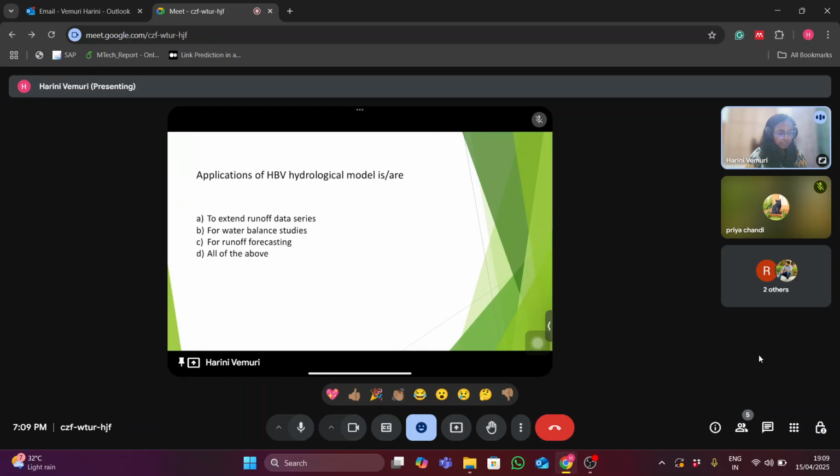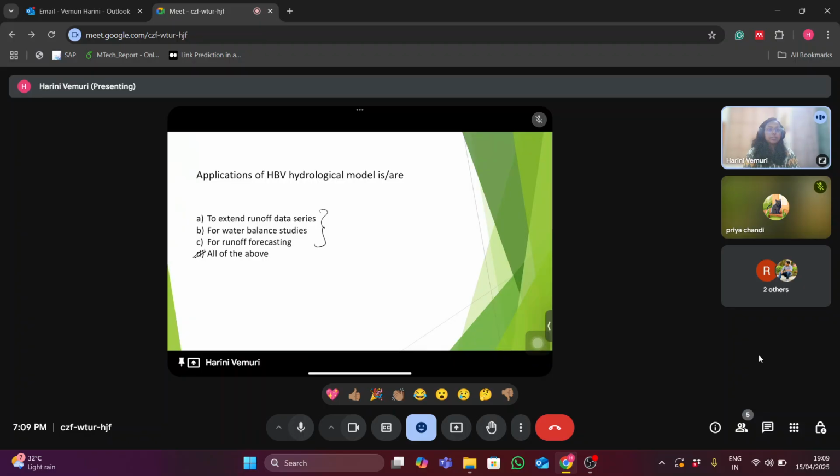Then the next question is, what are the applications of the HBV hydrological model? First option is to extend runoff data series. Option B is for water balance studies. Option C is for runoff forecasting. Option D, all of the above. So we have discussed that all these three are applications of the HBV hydrological model, which are extending the runoff data series or filling the gaps in the series.